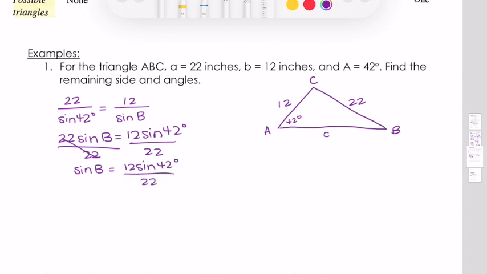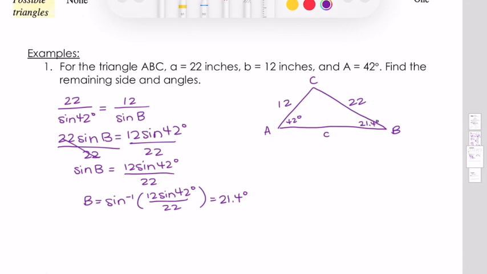And then take the inverse of both sides to get B by itself. Plug that big thing into your calculator, and you end up with angle B equals 21.4 degrees.